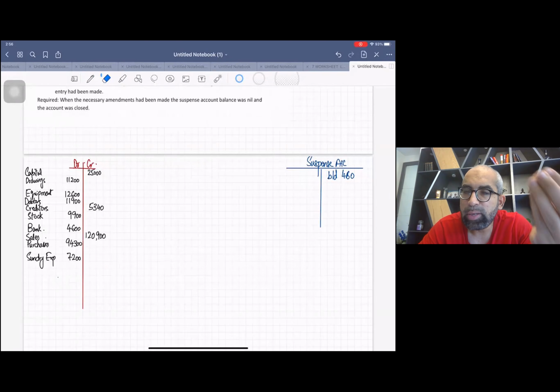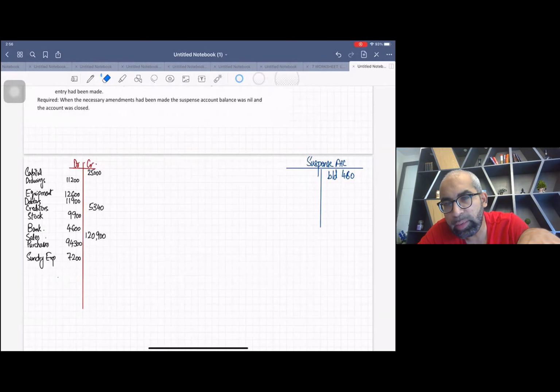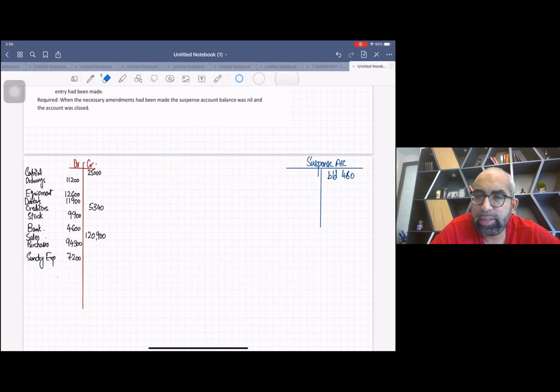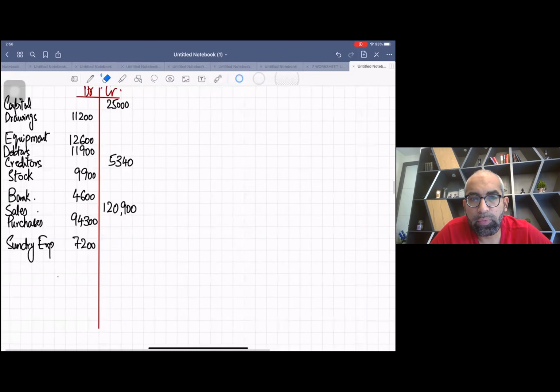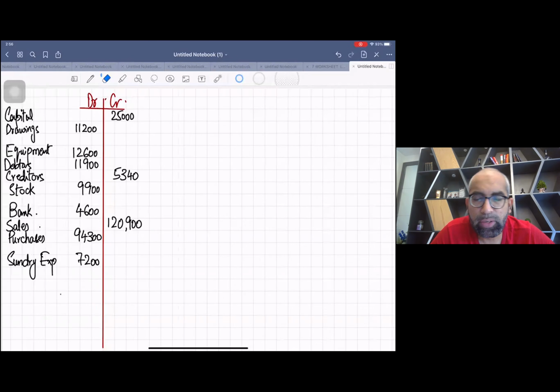Now you calculated it yourself by adding up the trial balance both sides, and the side where there is a deficiency, we open suspense for that. So now it's like the old question, and we have 5 or 6 adjustments. So we'll make correcting entries for that.